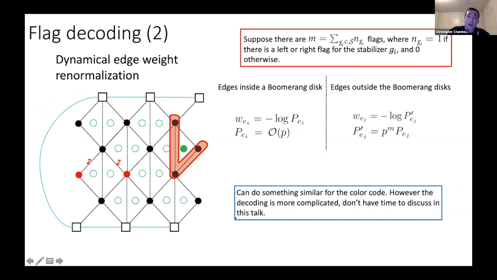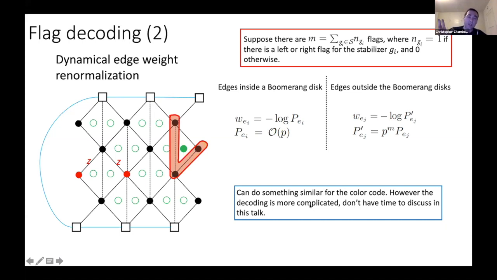Just to point out, in this particular example, if a stabilizer has both flag qubits measured non-trivially, that's a situation that you don't really care about, because you can show that the data qubit errors that arise from that scenario are always going to be benign. So you really have to consider only the case where you have either a left or a right flag. So that's what this M here corresponds to. It's basically the number of stabilizers that have either a left or right flag.